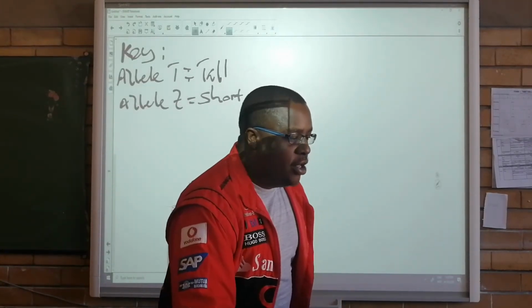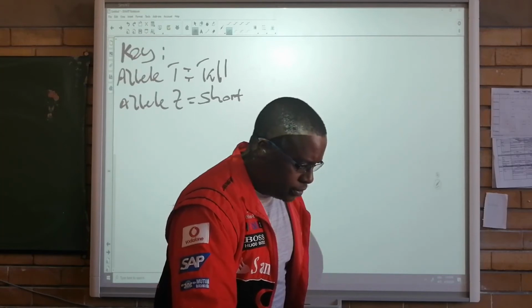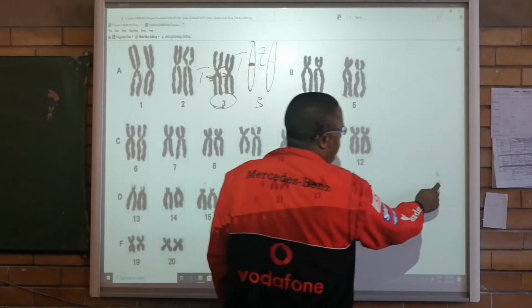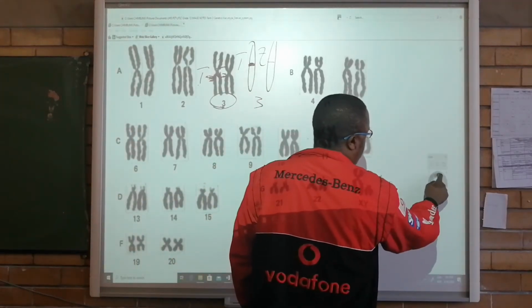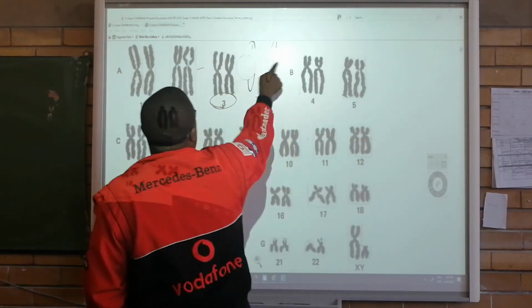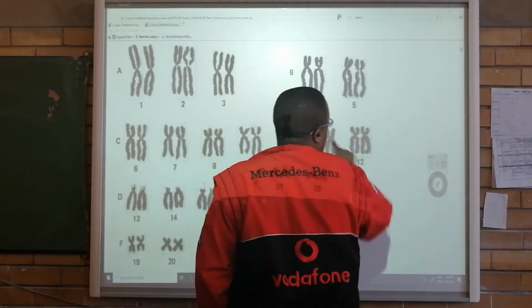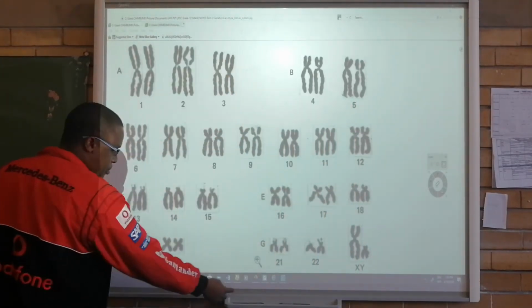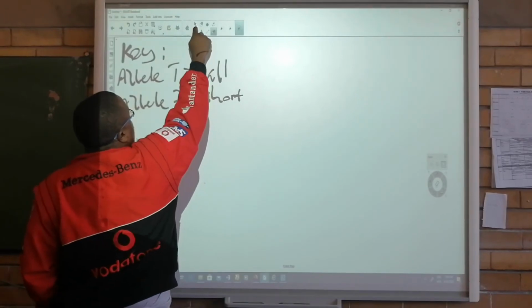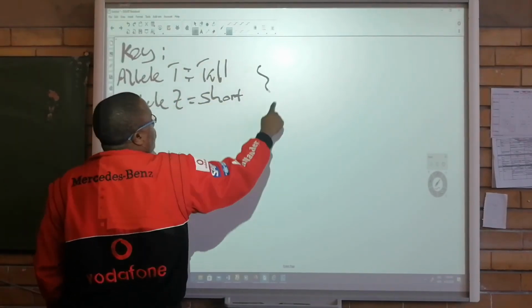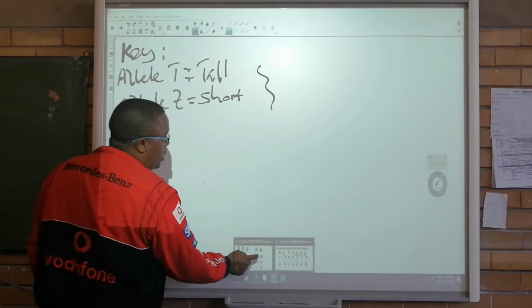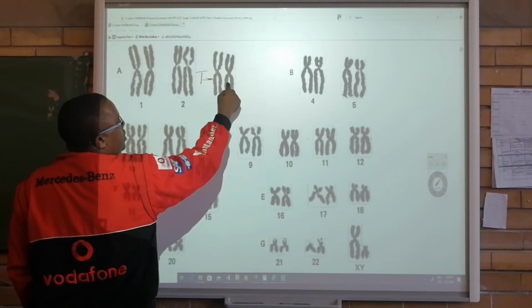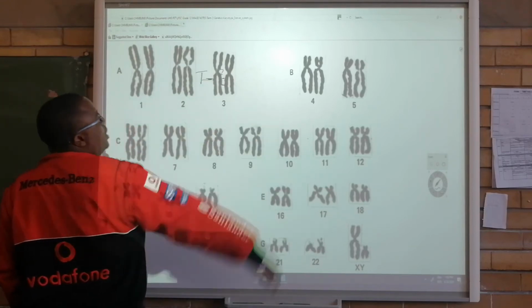Shall we? Can you please come with me? We agree that here you have capital T, and then here you have small letter t.